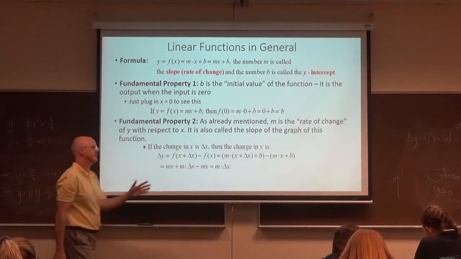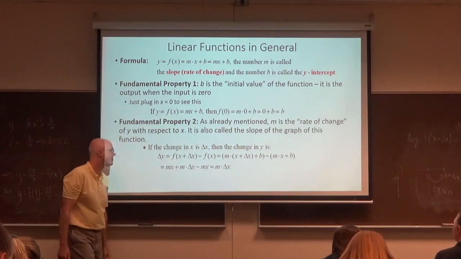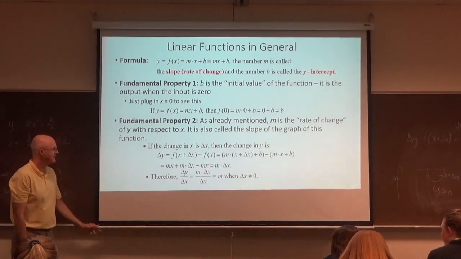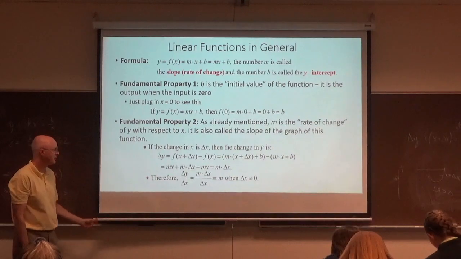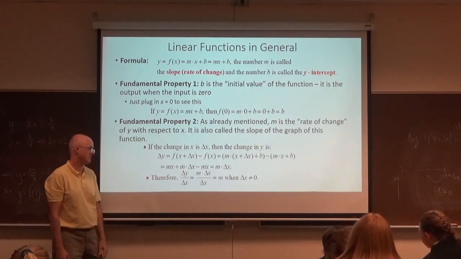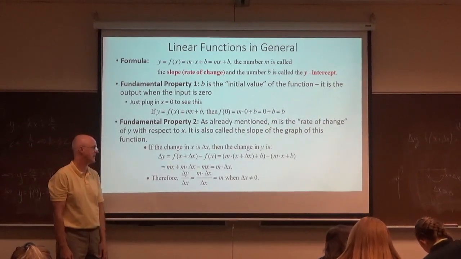It's simple enough that you could think of the reason for canceling right away, I guess. So if you now divide both sides by delta x, you see that delta y over delta x, rise over run, simplifies to m, the slope, as long as there is some change in x, so you're not dividing by 0.